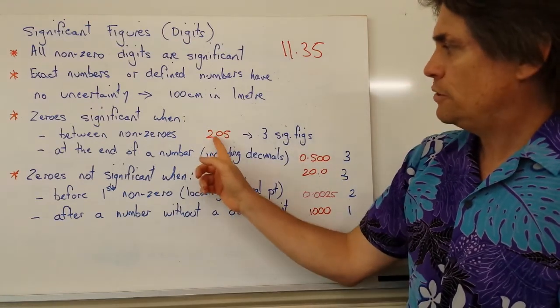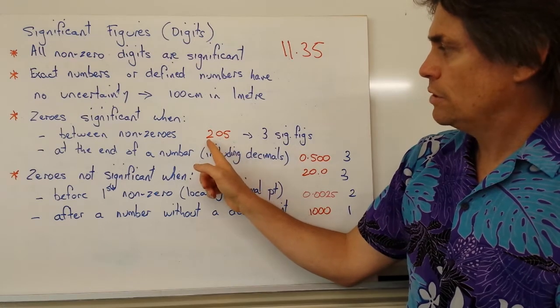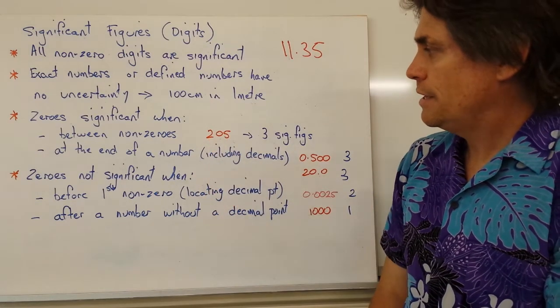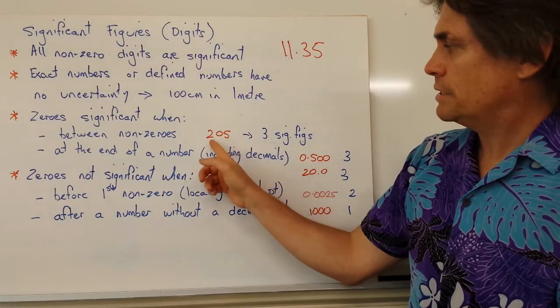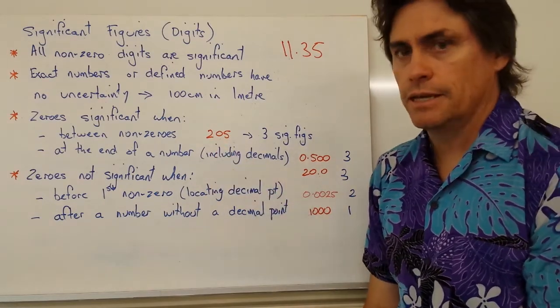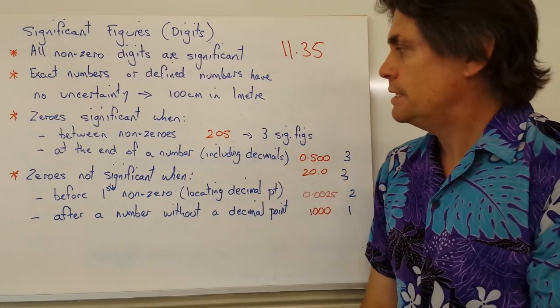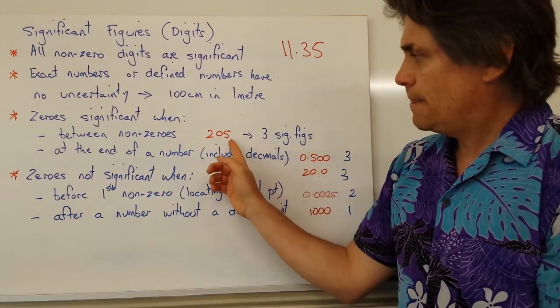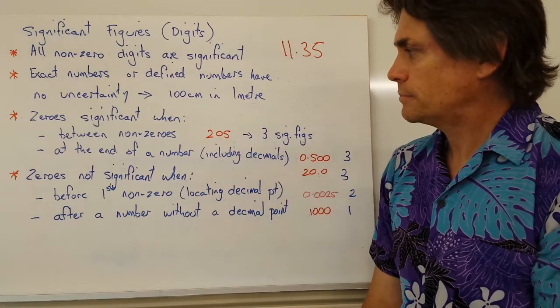So we have a number here, 205. Our 0 is between the 2 non-zeros, therefore it's going to be significant. So in this particular example, we have 3 significant figures, and if we did a calculation involving this number, we would need to take into account this particular set of significant figures for our final answer.